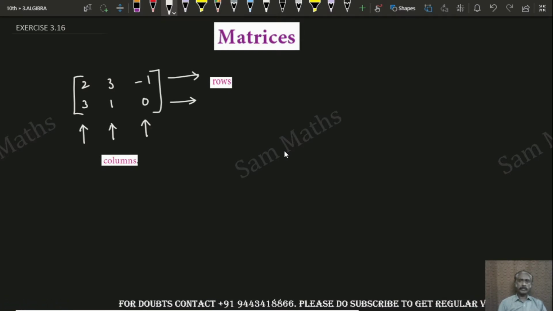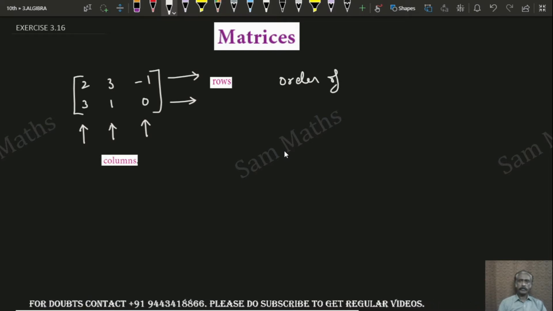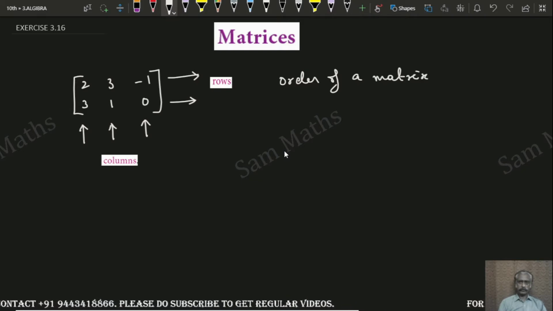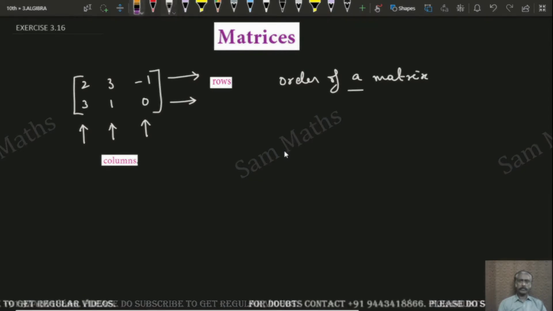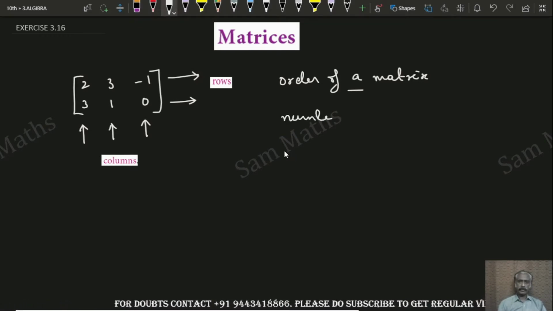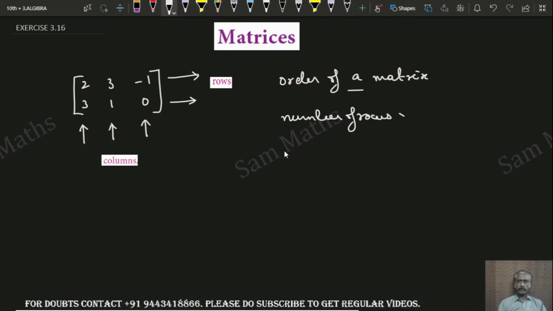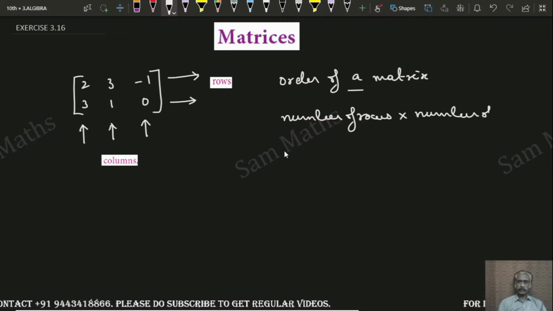Next, you must know what is the order of a matrix. Order of a matrix is the number of rows by the number of columns.